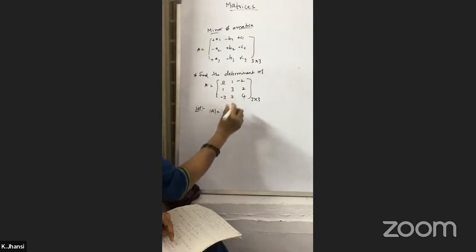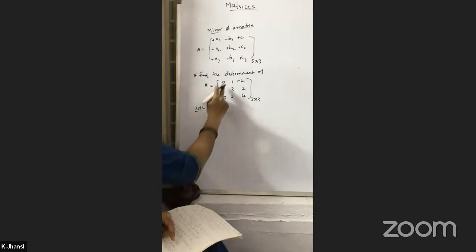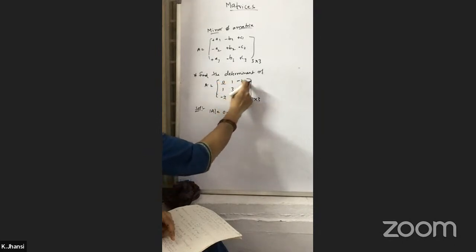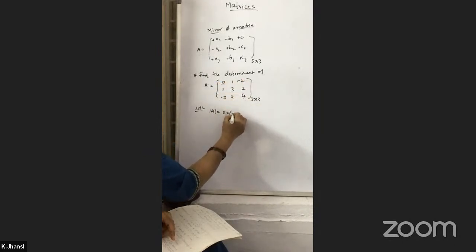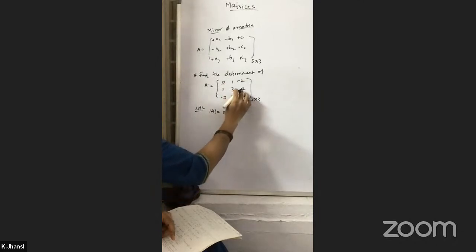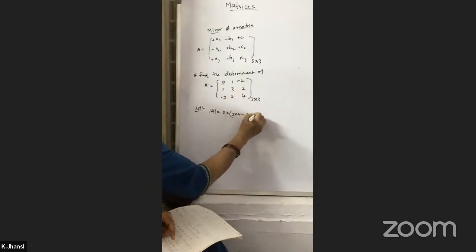So what is remaining? Like this also you can write. So 0 into, if you eliminate this column and this row, 3 fours are 12, minus 2 into 2, that is 2 into 2.